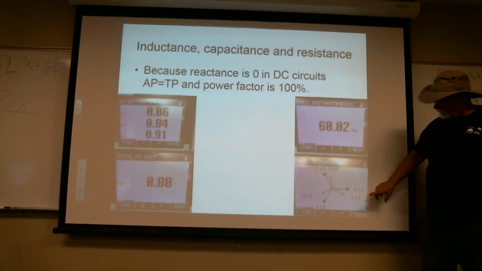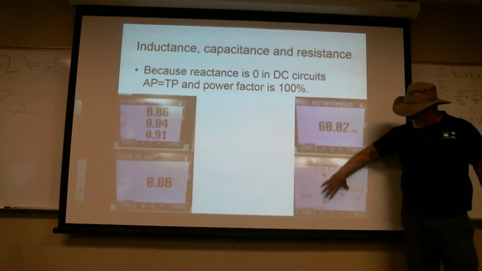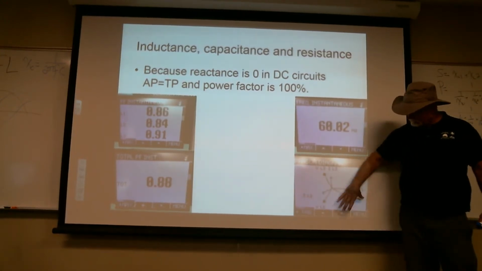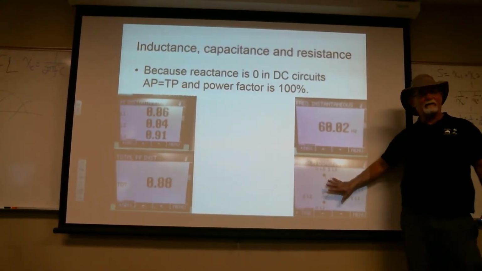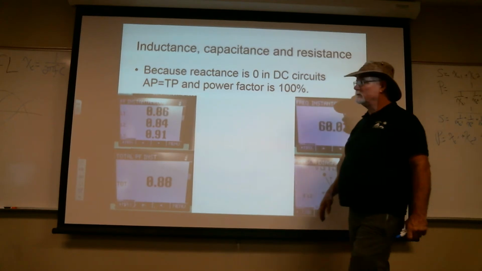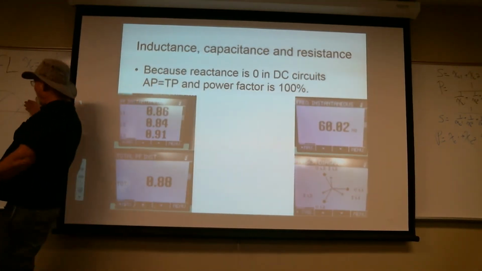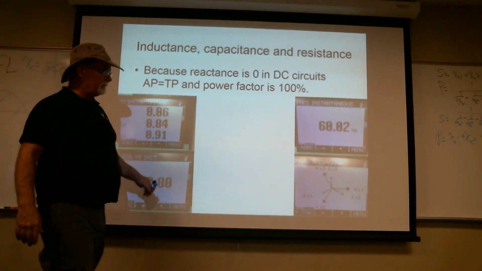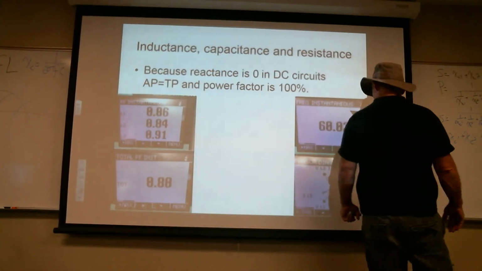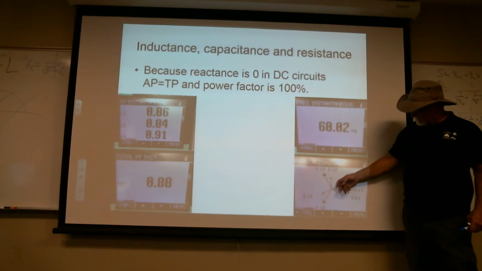This actually shows the relationship of voltage and amplitude and phase relationship. Okay? How much this is shifting in and out of phase for each one of the three phases. So, note what's happening.